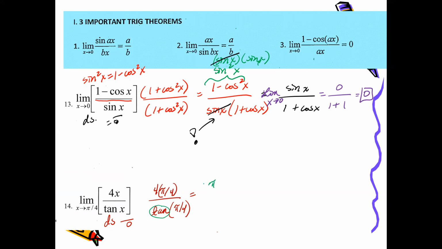So I will do a pi of sine pi over 4 divided by cosine pi over 4, which is going to equal the same thing as pi divided by, and when you look at the unit circle, sine pi over 4 is going to give you a square root 2 over 2, divided by cosine pi over 4, which is a square root 2 over 2, which is great because this will give you a 1, and your answer will just be pi.